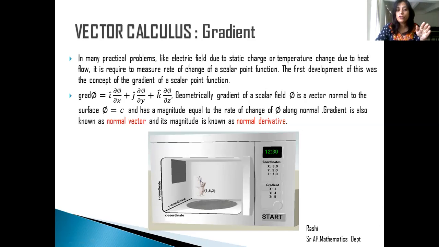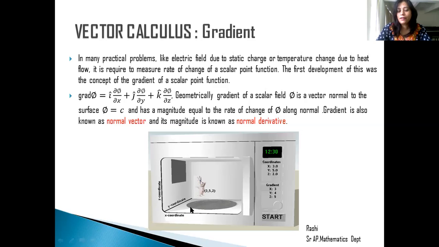And we know that when we talk about the equipotential surface, the normal, the perpendicular to the surface, will give you the maximum. That is the reason gradient is also known as normal vector to a surface. If it is representing the temperature, temperature will be maximum or increase along the normal. But it can increase in various other directions also, right?